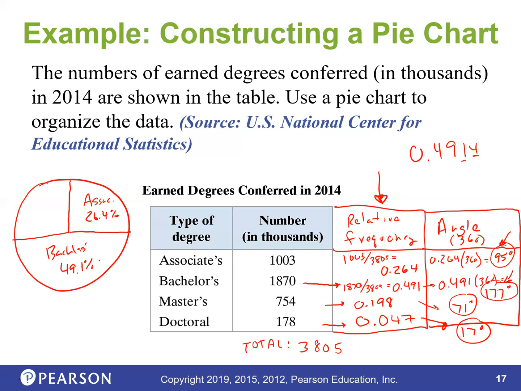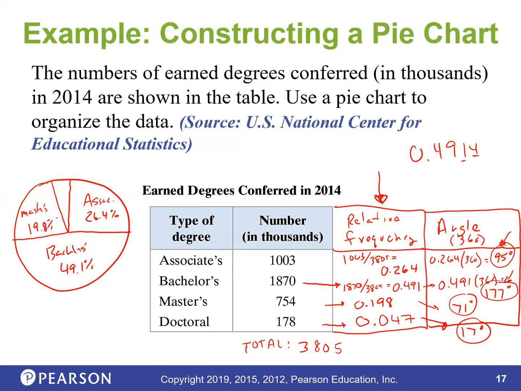Cool. Okay, now the small stuff. Master's degree at 71, and then this guy's at 17. So I'm thinking the slice is not halfway. That would be 45. So maybe like this right here, would that work about there? Yeah. Okay, this is master's degree. So master's, I can still write it in here. Master's degree, and that is going to be 19.8%.